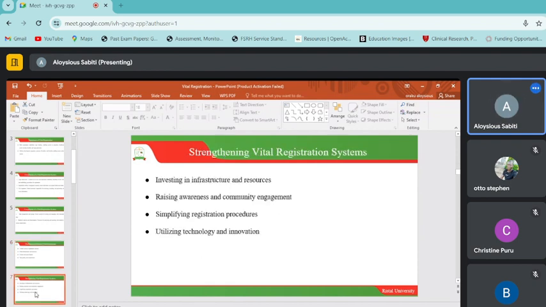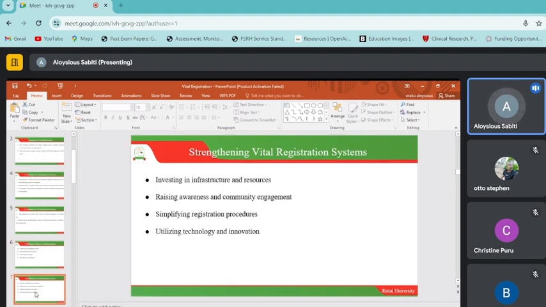as a region. So what are some of the ways through which we can strengthen our vital statistics? One, we need to invest in infrastructure and resources. And when we're talking about investment in infrastructure and resources, we are referring to resources such as human resource, financial resource, but also we are referring to structures, the infrastructure such as the road network, but also buildings that can help to accommodate registration.